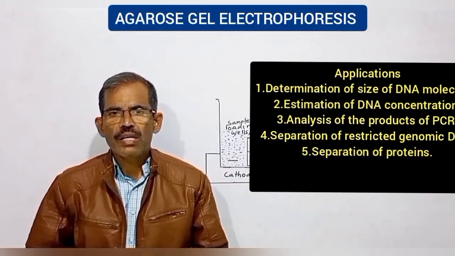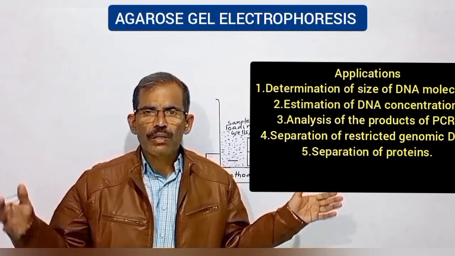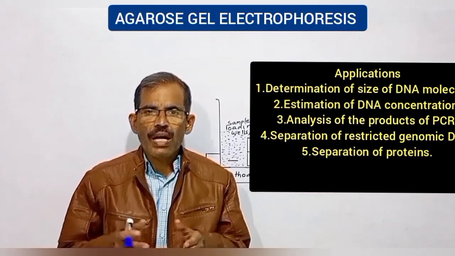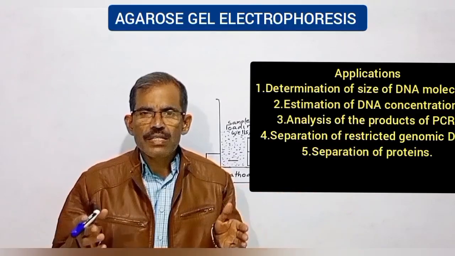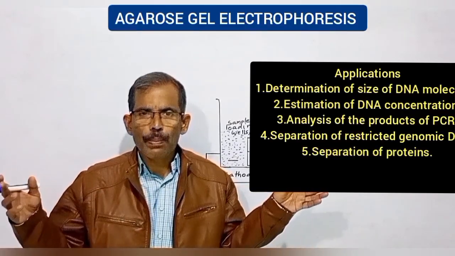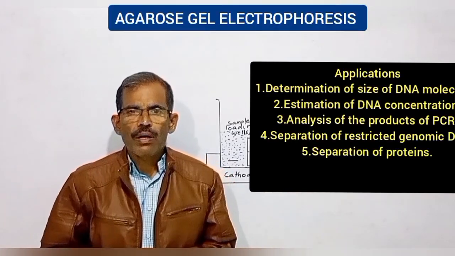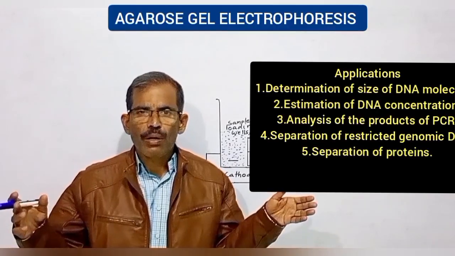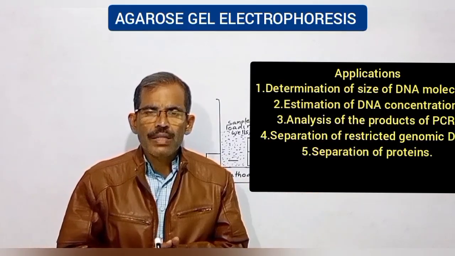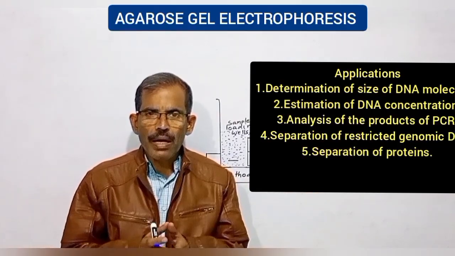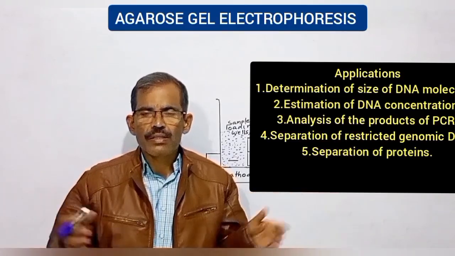First one is the determination of the size of DNA molecules following digestion with restriction enzymes, as in case of restriction mapping of cloned DNA. Second one is the estimation of DNA concentration by comparing the intensity of the band with the corresponding band of the size markers.